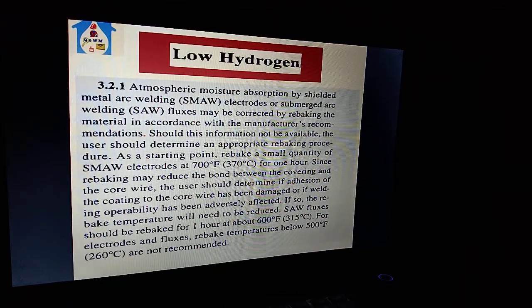Should this information not be available, the user should determine an appropriate rebaking procedure.